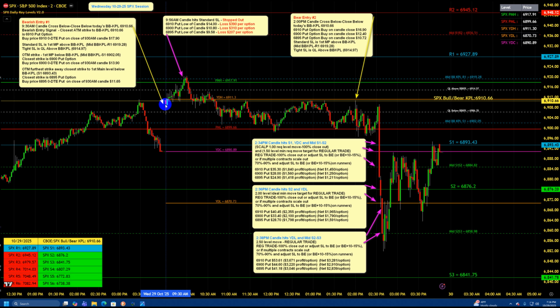But generally speaking, if it's very close, then you do want to wait for the close, because if this candle had closed above the BBKPL level, then we'd be looking at a bullish entry signal if we were inclined to take the 9:30 a.m. opening trade.